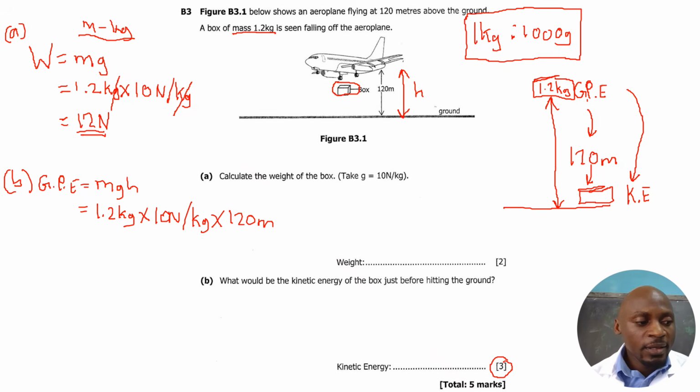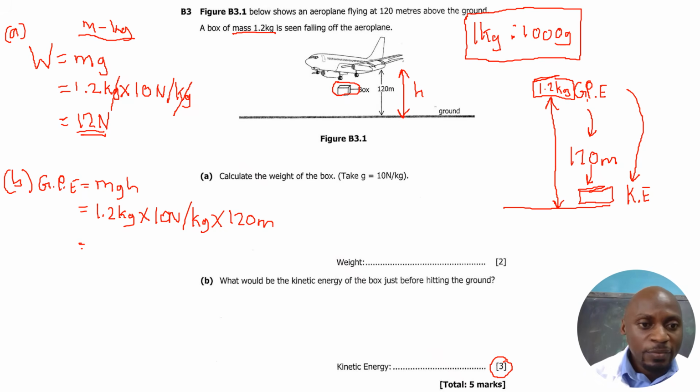As you can see from the equation, we have mg, which simply gives us the weight that we calculated earlier.